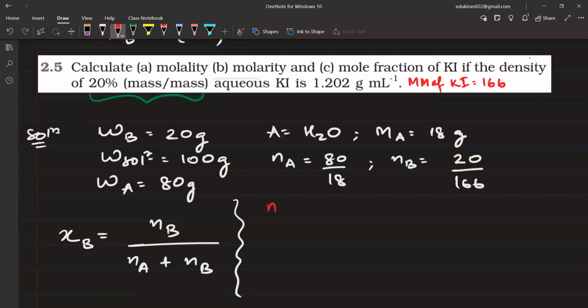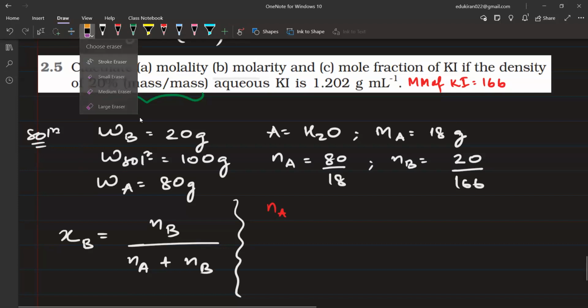Sir, I'm asking about the MA. MA, that is molar mass. M is used for molar mass, and W is taken for given mass. Did you understand? Yes. MA is molar mass of solvent, that is 80.